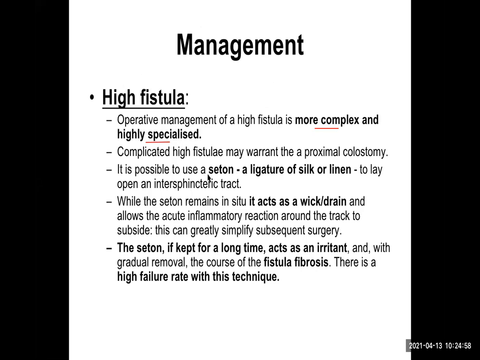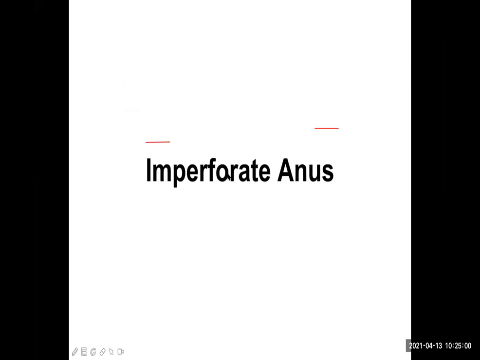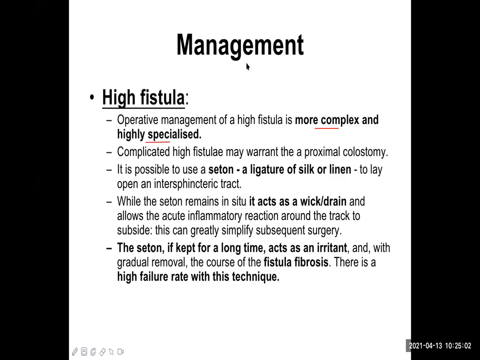It is possible to use a seton. A seton is a ligature of silk or linen, and this is used to lay open an intersphincteric tract. This is a seton type of treatment.